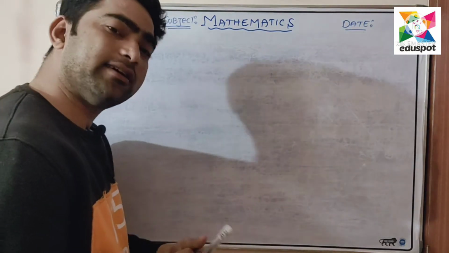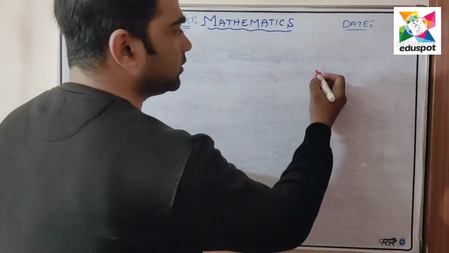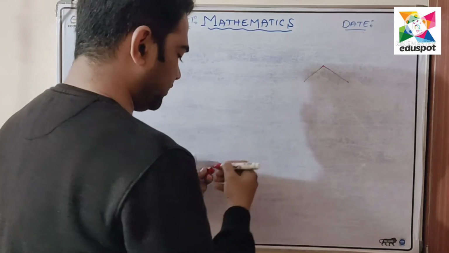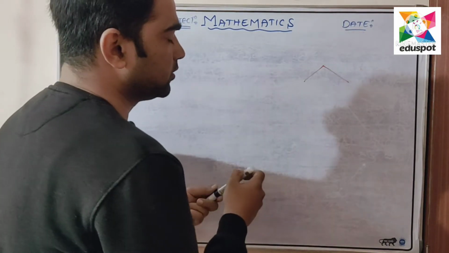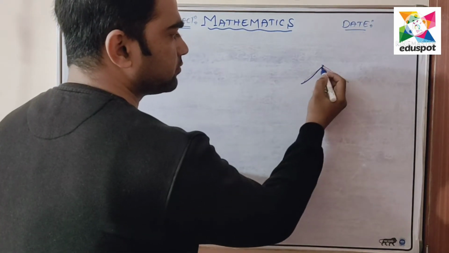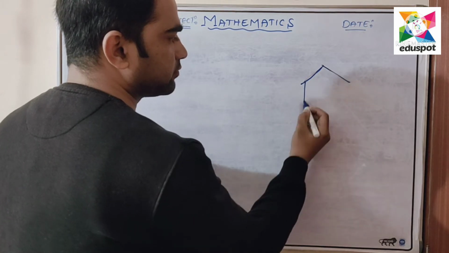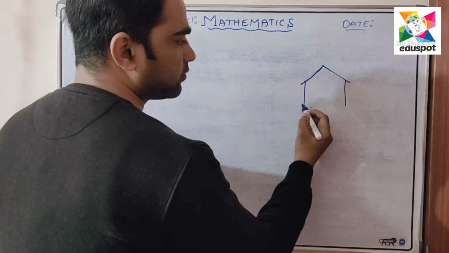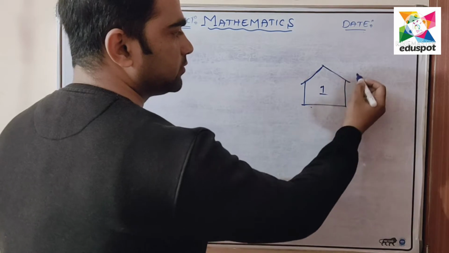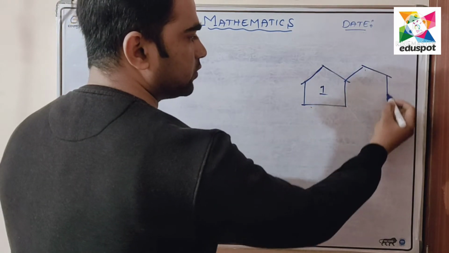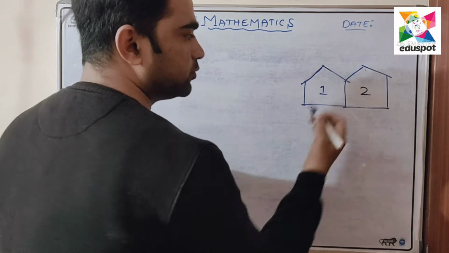So dear students, see this one. I will draw the figure here. Home 1 and next house one more. So this is home 2.